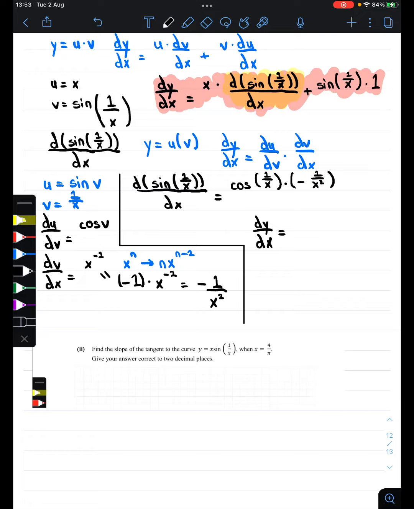So dy/dx equals x times this derivative here, which we've just found. So that's x times cosine 1 over x times minus 1 over x squared. And then plus sine of 1 over x.